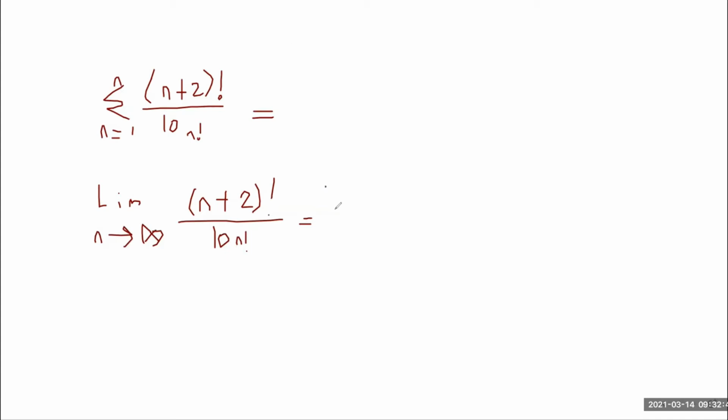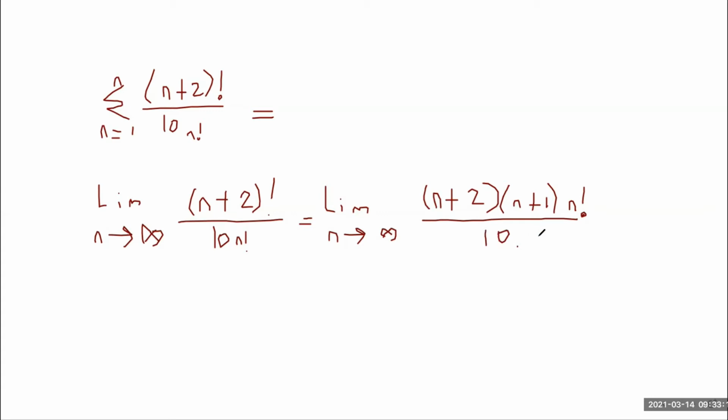So write back the limit as n approaches infinity of, and (n+2)! is rewritten as (n+2) times (n+1) times n!, divided by 10 times n!. Then this n! cancels this n! right here.